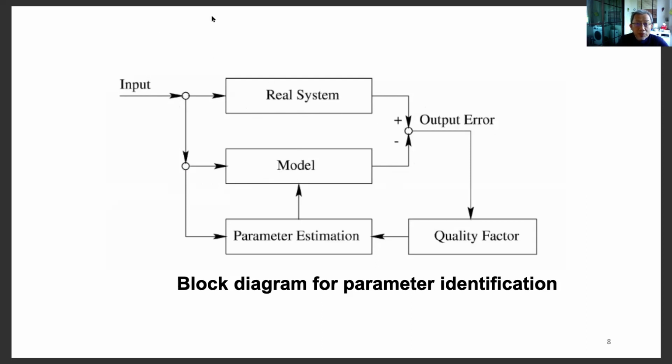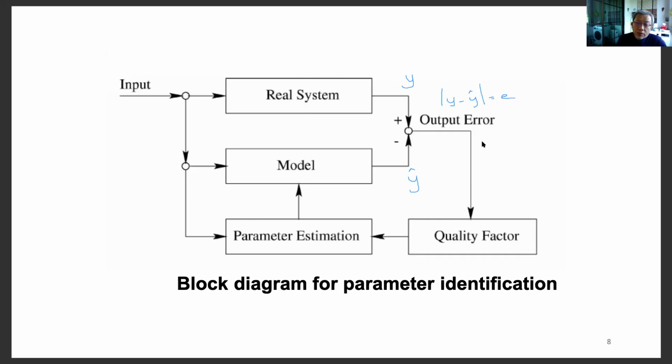Y cap means the estimation. Let me write for you. So this is the Y output, and this is the Y cap. The output error will be the modulus difference between the actual Y and the Y cap. That represents the error.